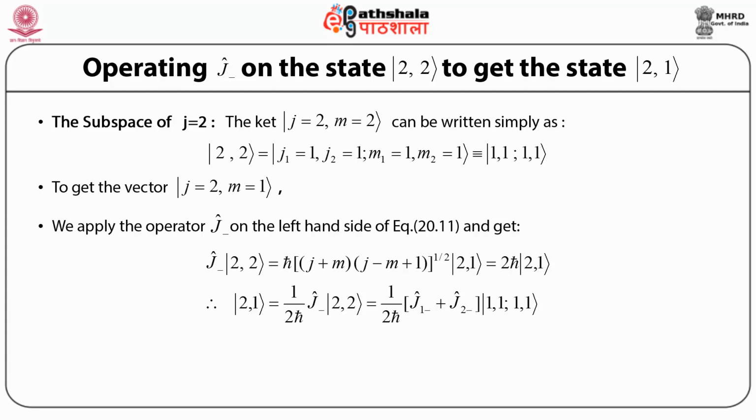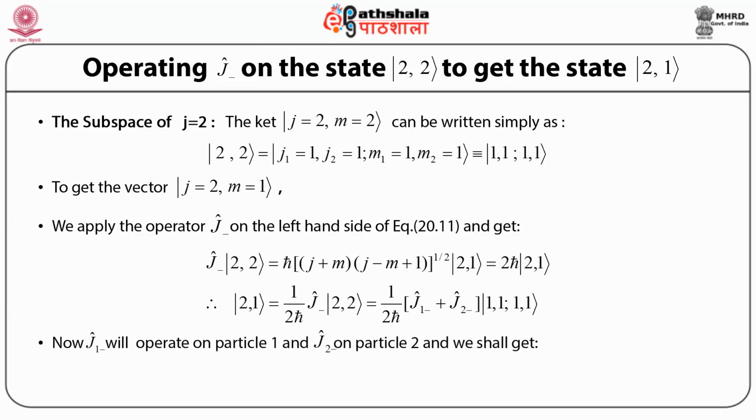Therefore, |2, 1> is equal to 1/(2 h-cut) times J minus acting on |2, 2>, which equals 1/(2 h-cut) times (J1 minus + J2 minus) acting on |1, 1, 1, 1>.